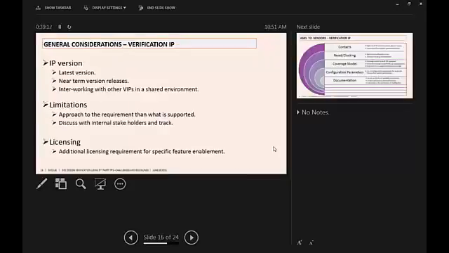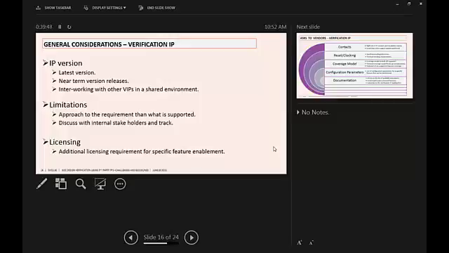So in general consideration, this is somewhat similar to what Vedantham has discussed. We need to get the latest version, and see whether there are any issues with the VIP we are buying from a vendor, and similar VIPs you would have bought from that vendor for a different purpose, when you run the VIPs in our environment. And we can ask them about the next version release from the vendor.